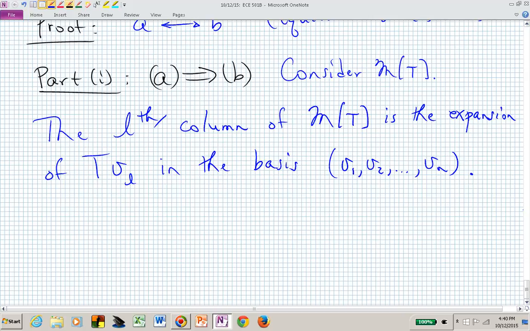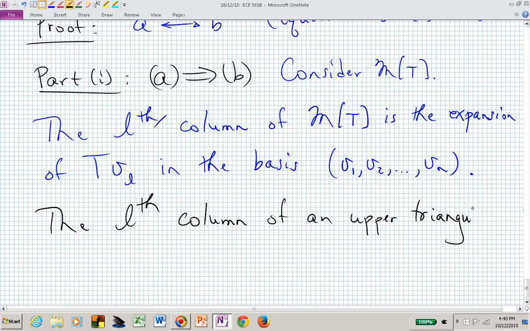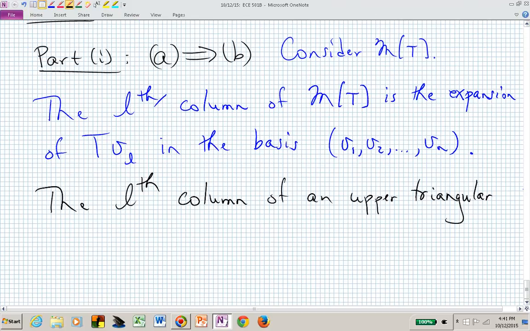If we're starting with an upper triangular matrix, that imposes some specific structure on that matrix. The nth column of an upper triangular matrix, what does that look like?